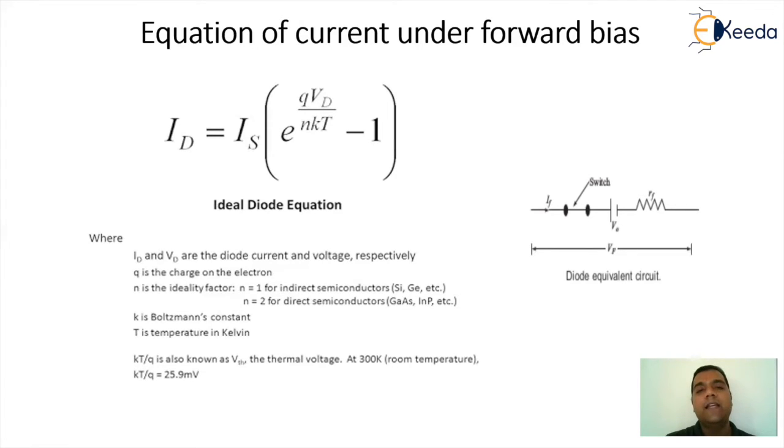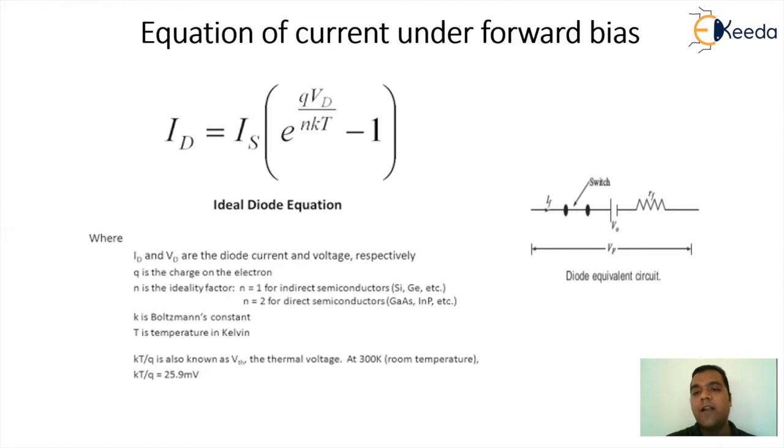Nu is defined as the ideality factor, also called the emission coefficient. Normally it is considered with a value of 1 or 2. The parameter KT by Q is defined as the thermal voltage.